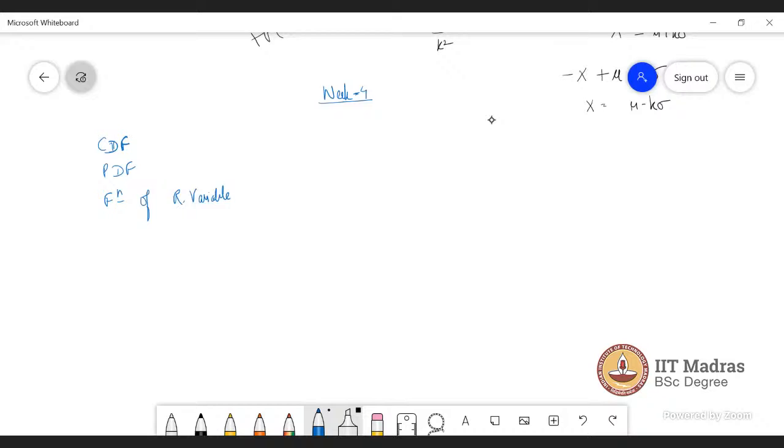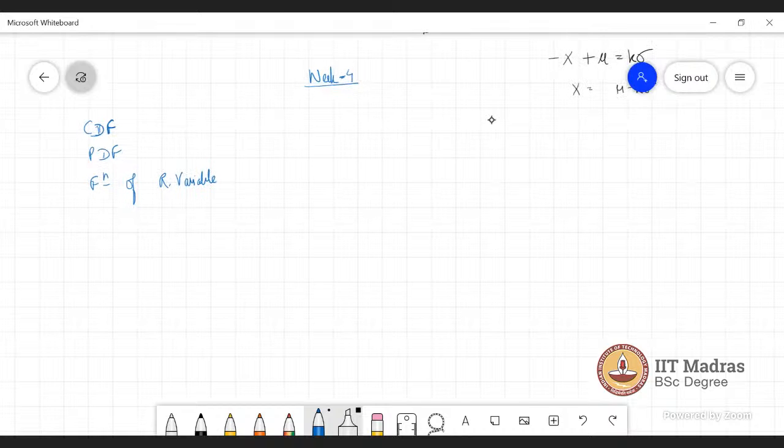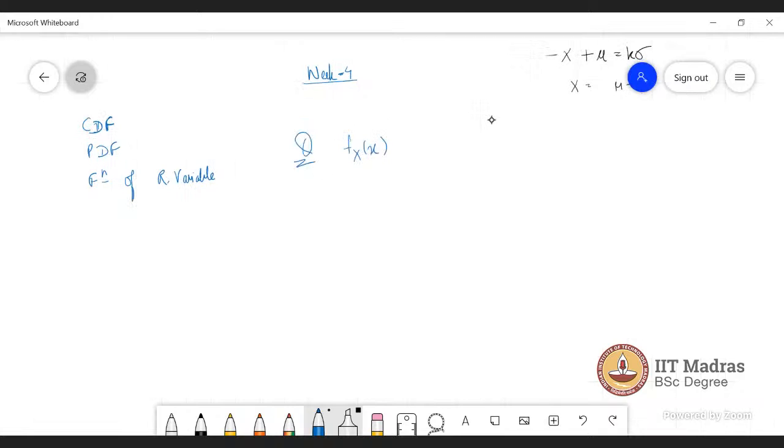Okay, so we'll first take one problem. Let's say you have a continuous random variable, and your PDF is defined as Cx for x lying between 0 to 1, C for x lying between 1 to 2, minus Cx plus 4C for x lying between 2 to 3, and 0 otherwise.